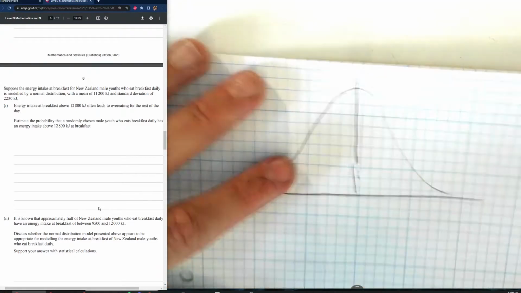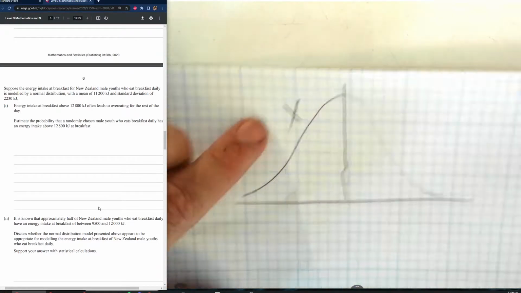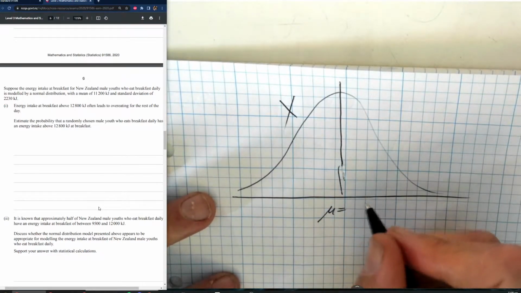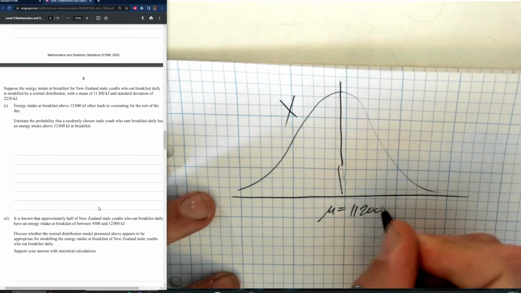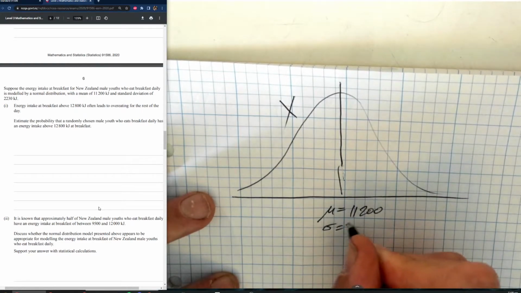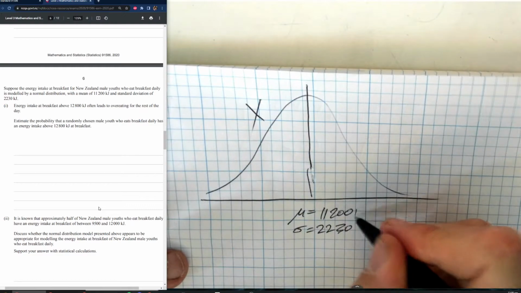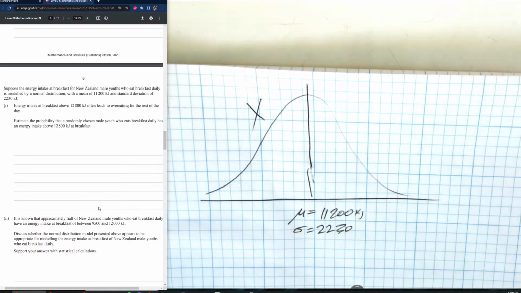This is our distribution. The mean is equal to 11,200. Standard deviation is 2230. It's all in kilojoules.